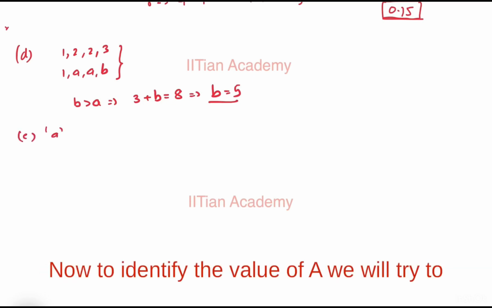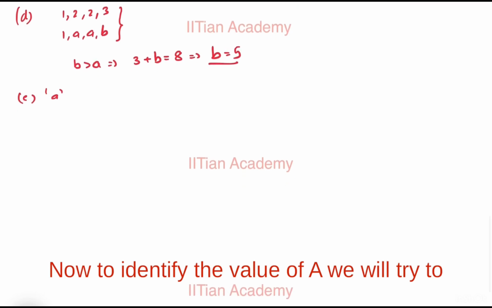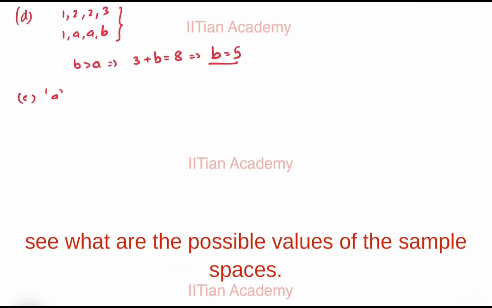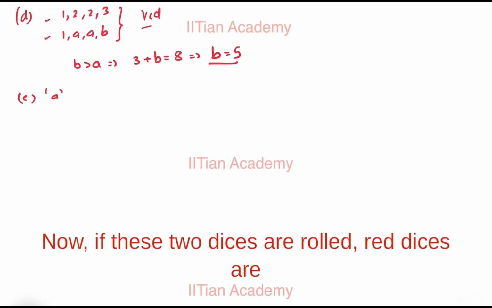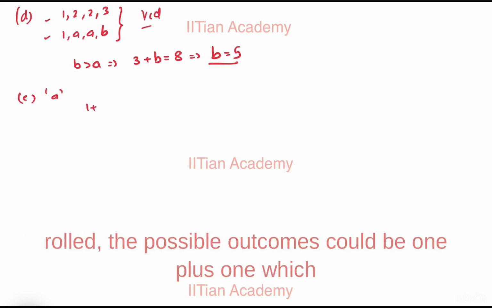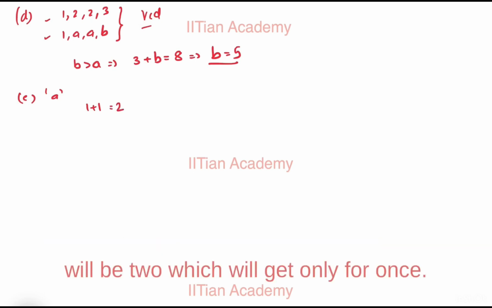Now, to identify the value of a, we will try to see what the possible values of the sample space are. If the red dice are rolled, the possible outcomes could be 1 plus 1, which will be 2, which we get only for ones.